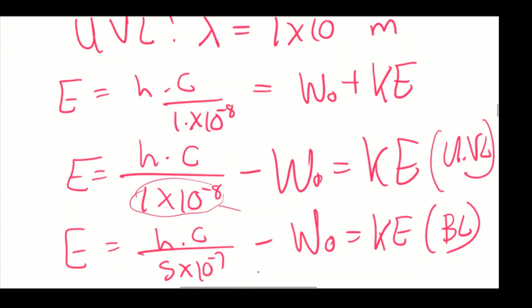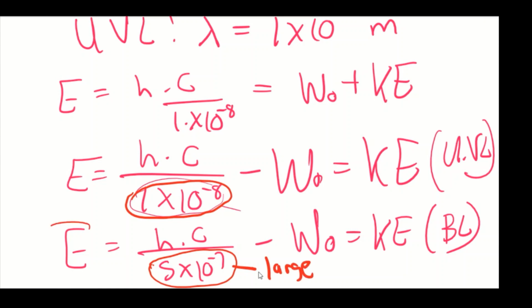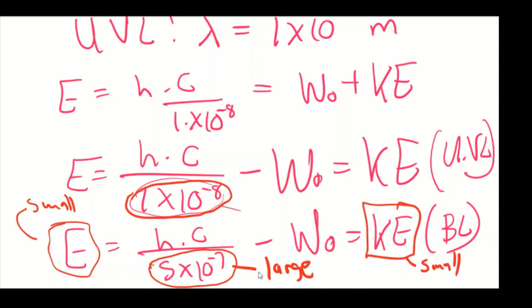Note the wavelength of the ultraviolet is 1 times 10 to the power of minus 8, which is smaller compared to 5 times 10 to the power of minus 7. So if the wavelength is large, it will produce small energy, and therefore the kinetic energy will be small.